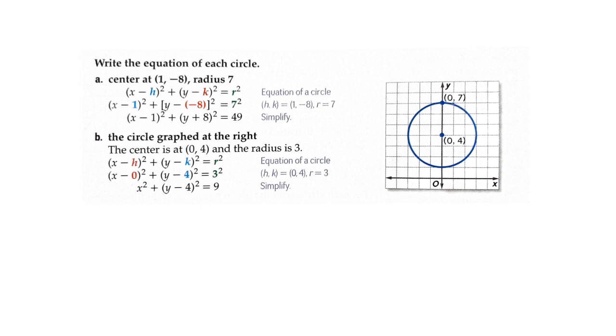Now let's do some examples about equations of circles. The first one, we're going to write the equation of a circle centered at (1, -8) with radius 7.